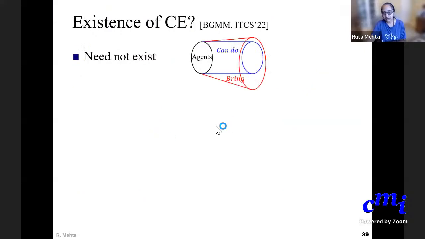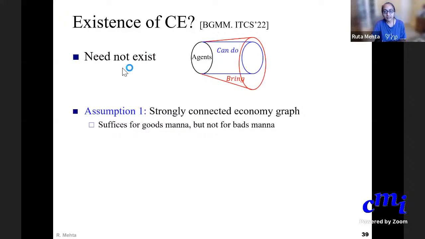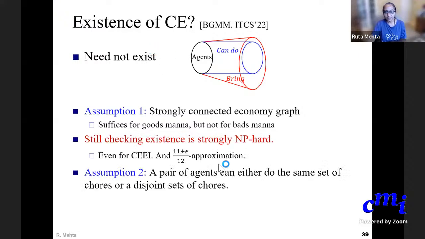That's not true. So if you allow that, then we show that in the exchange model, first of all, equilibrium may not exist. And secondly, checking if there exists an equilibrium is NP-hard, even for constant approximation.